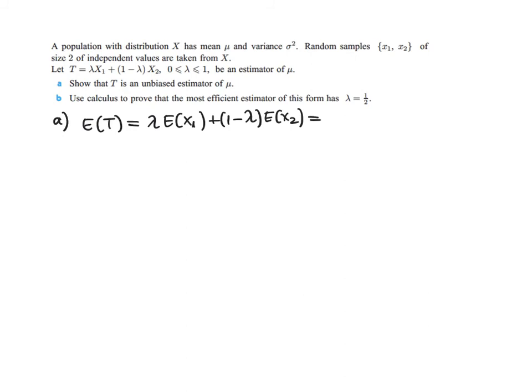Remember, x1 and x2 are clones of the parent distribution, so I have lambda mu plus 1 minus lambda mu, which after opening the bracket and collecting like terms gives me mu. Therefore, T is an unbiased estimator of mu.